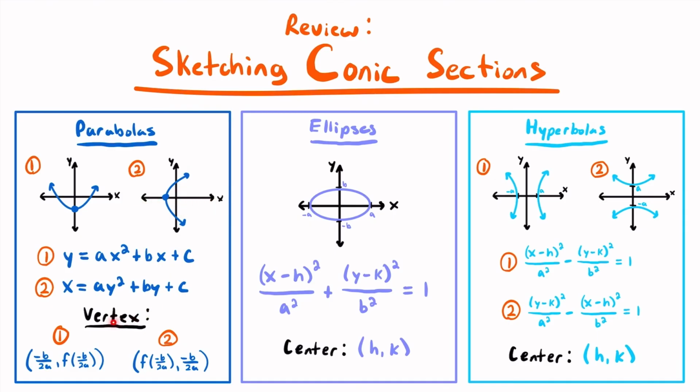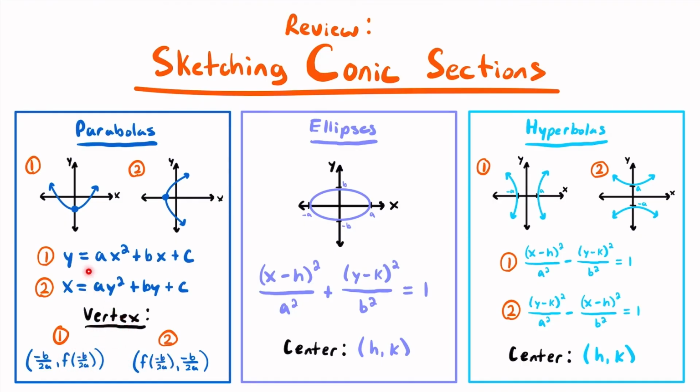And then you can find the vertex of those parabolas by using these formulas. Now, if you just have y equals x squared plus some constant, sort of like what we did in an earlier example, then obviously the vertex is at the origin. But if you have a more complicated equation for a parabola, then being able to find the vertex in this way is helpful.